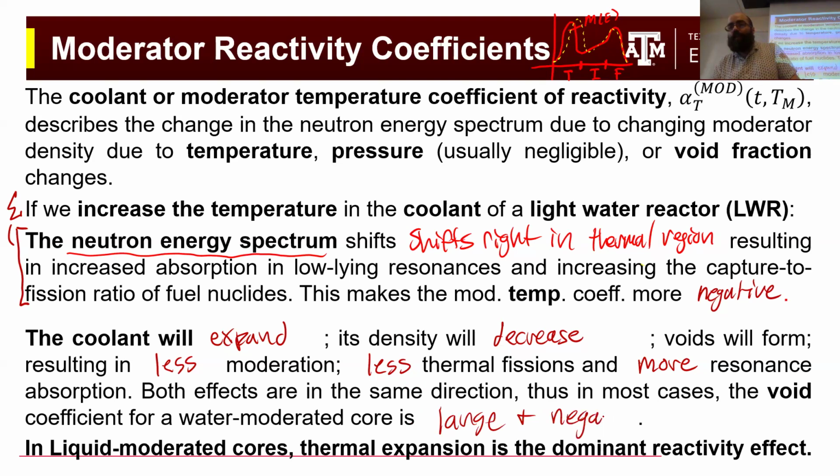Both of these are negative effects that are adding together. So the combined result is a very large negative coefficient of reactivity for the moderator. When we're talking about a liquid moderated core, it's the thermal expansion that gives us the dominant reactivity effect, whereas in fuel, it's the cross-section changes that give us the dominant reactivity effect.